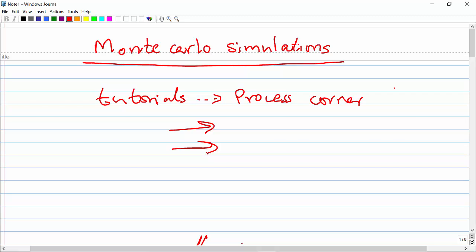In the process corner analysis, we started with a resistor R that we manufacture in an IC. The value of R will not be exactly what we thought. Suppose we designed a resistor for 1 kilo ohm, it will not be exactly 1 kilo ohm in the chip. A slight variation will be there.